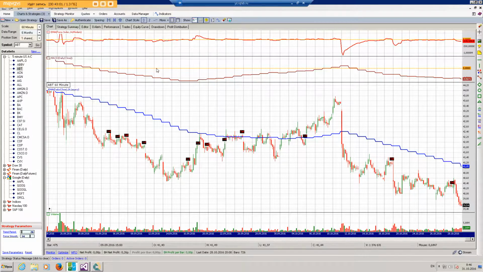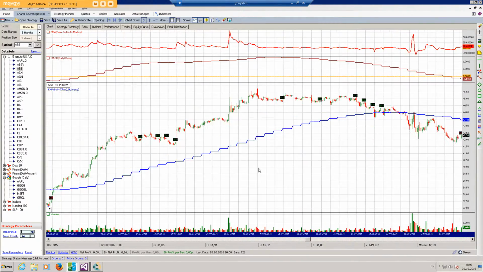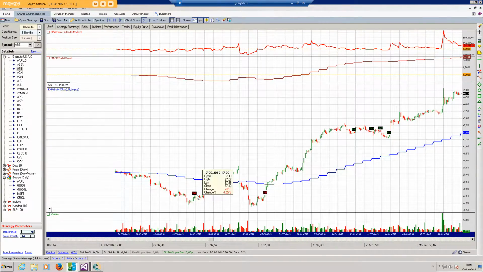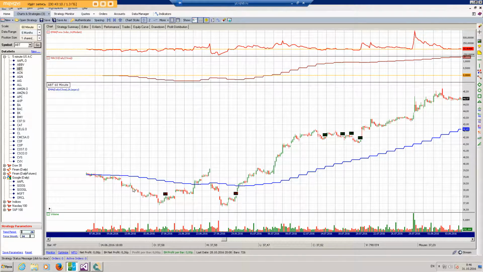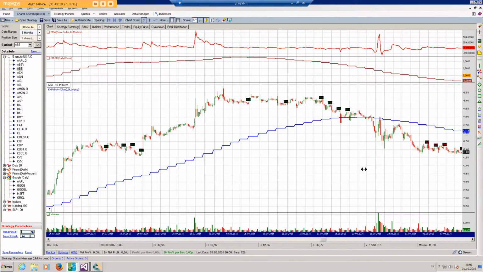Well, that's the second part, but it looks like there is logic in this. So it's going down, then there's a pullback, and that's where you sell it.